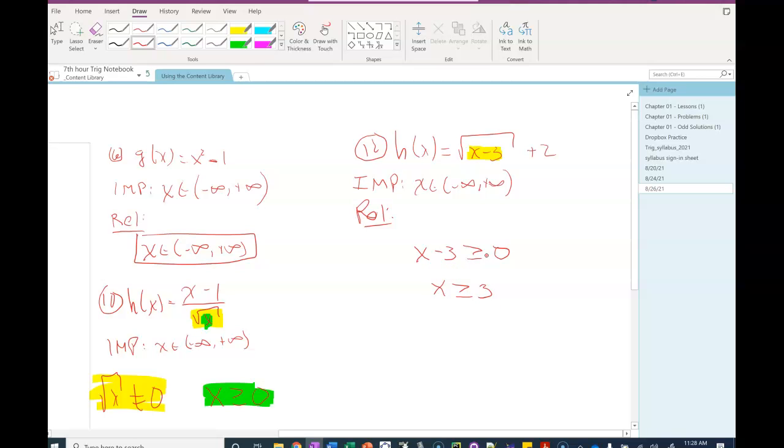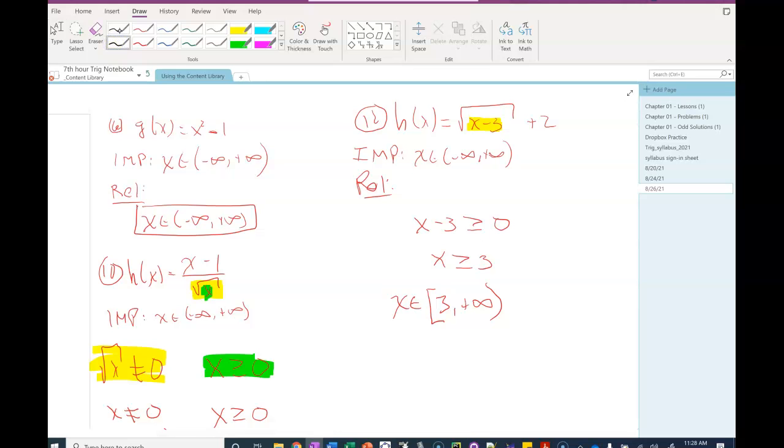So I'm left with x is greater than or equal to 3. So I can write my interval for the domain, which goes from 3 to positive infinity. The infinity is always going to get a parenthesis, but because x can equal 3, I'll put a bracket on the 3. So there's my domain.